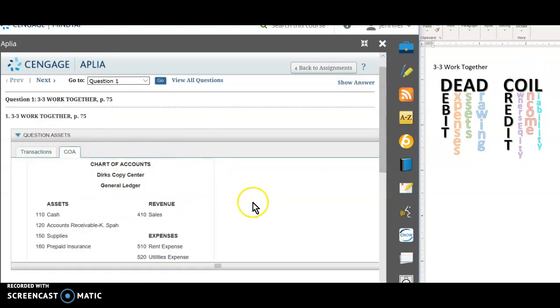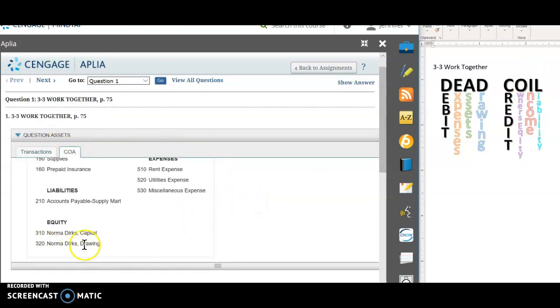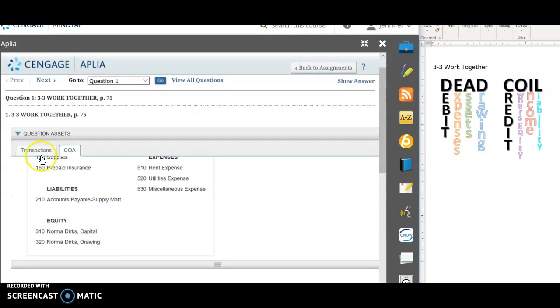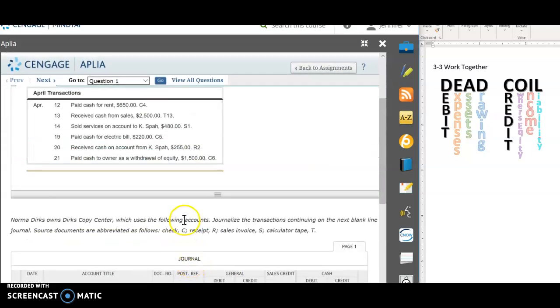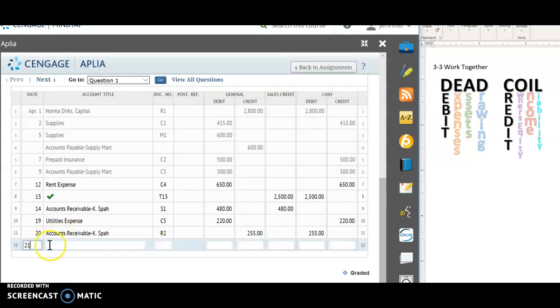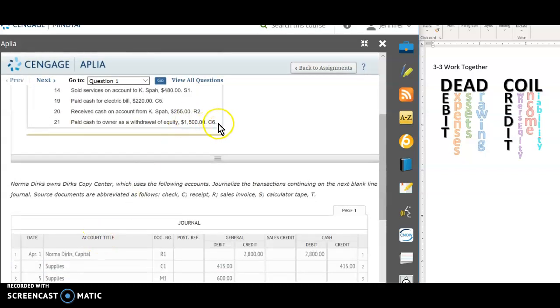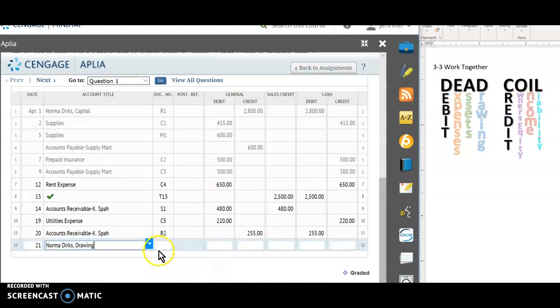If we go look at our chart of accounts, our owner is Norma Dirks, and when she withdraws anything, that's the drawing account. Okay. So on the 21st, Norma Dirks drawing. It is check number 6 for $1,500.